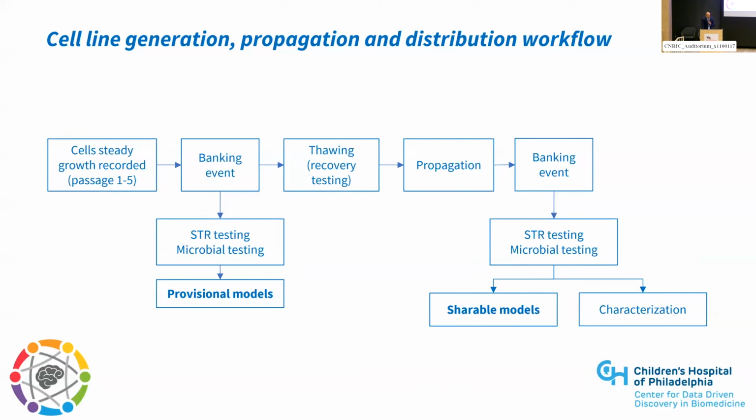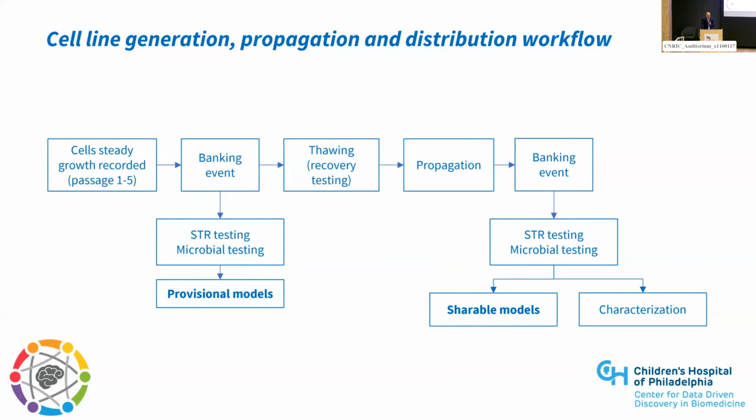For selected histologies, and we admit that we prioritize non-serum growth models, we attempt further thawing and propagation effort. So in our hands, we observe that even though the initial cell line is able to grow, after banking it's not always easy to reestablish the growth. And obviously, it's not surprising from the experience of many of you.